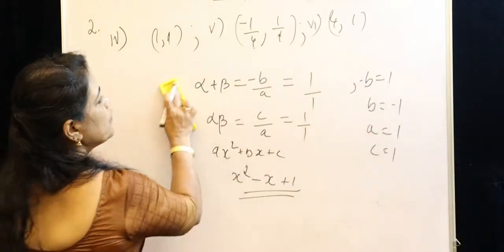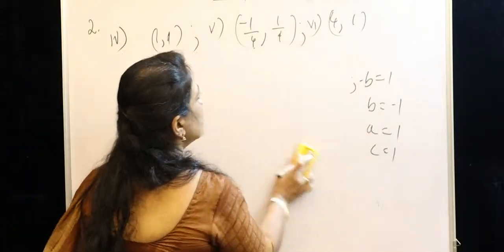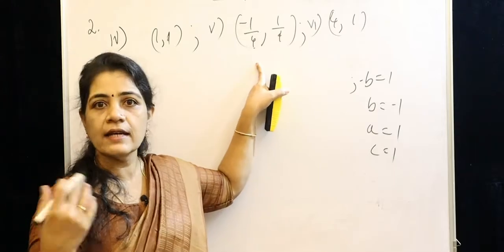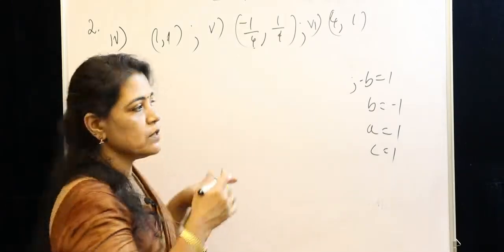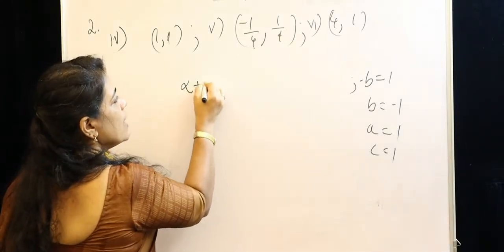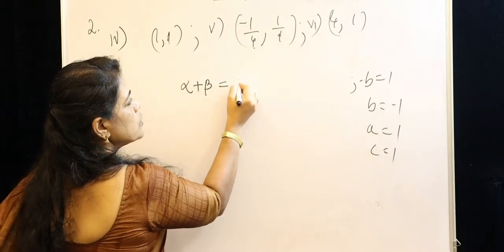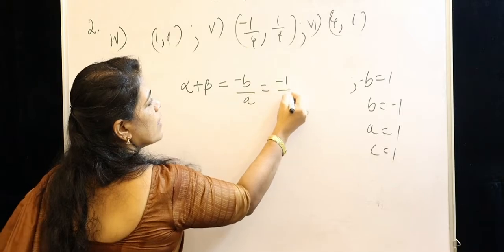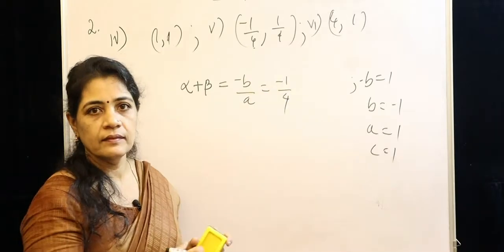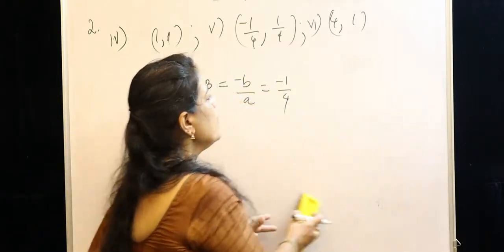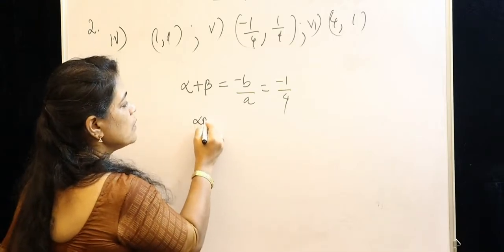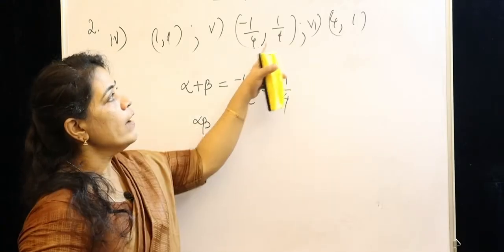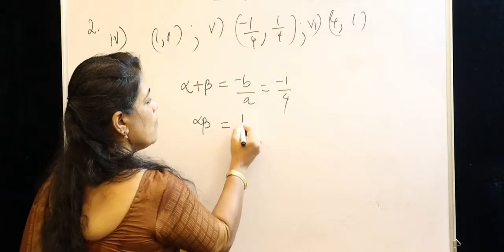Idea is clear, children? Just substitute alpha plus beta as minus b by a. And in the fifth question, we have given minus 1 by 4 as the sum of the zeros. Being quadratic, alpha plus beta can be equated to minus b by a, and that is given as minus 1 by 4. And alpha beta, the product of zeros, is given as 1 by 4.